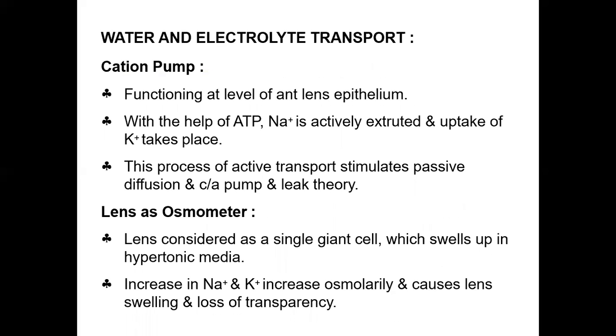What is electrolyte transport? The cation pump functions at the level of the anterior lens epithelium. With the help of ATP, sodium is actively extruded and uptake of potassium takes place. This process of active transport stimulates passive diffusion, called the pump and leak theory. So what is happening over there? The cation pump takes place in the lens epithelium.